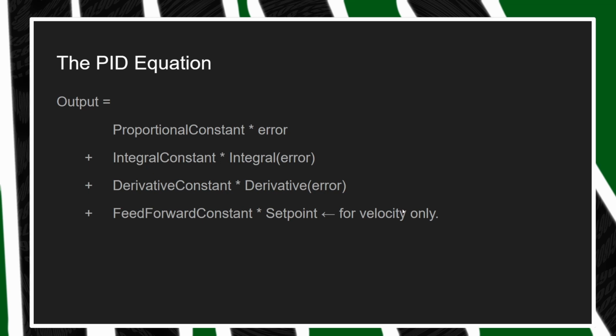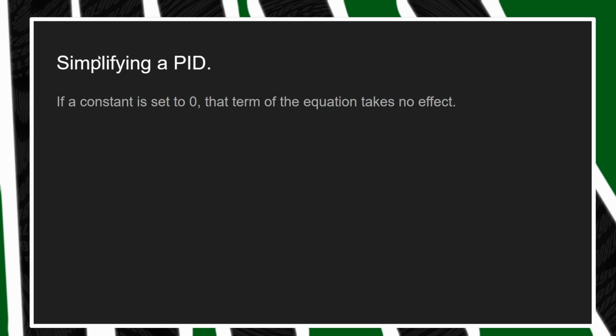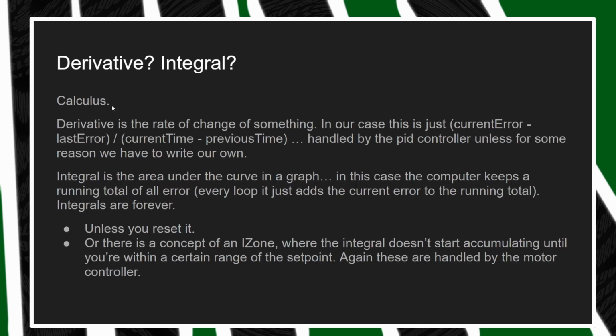The feed forward is only used for velocity based PIDs. Simplifying a PID, if you set any of the constants to 0, that term in the equation takes no effect.